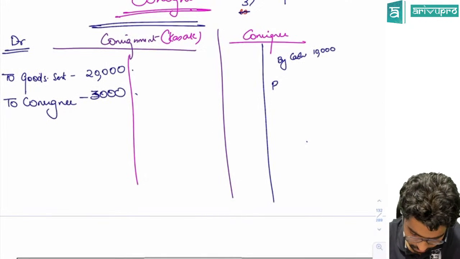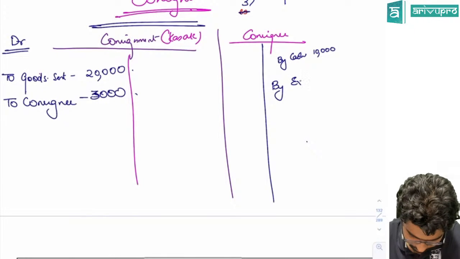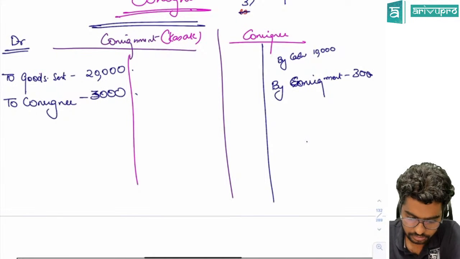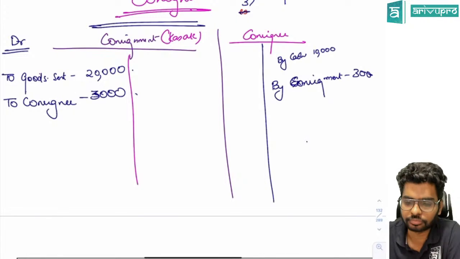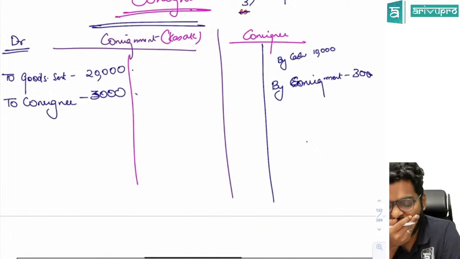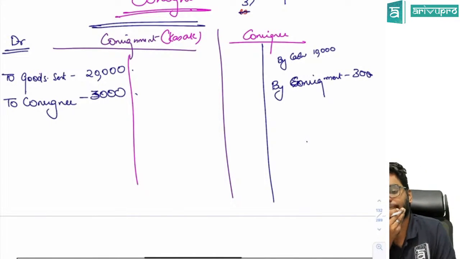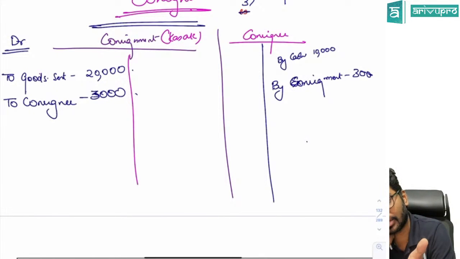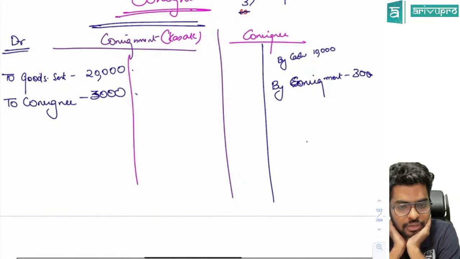So in the consignee account, it will become by consignment 3000. Are you clear? From the advance, you're going to add more, because finally when you get the money, you're going to reduce the advance, reduce the expense and pay you. Are you clear till now?